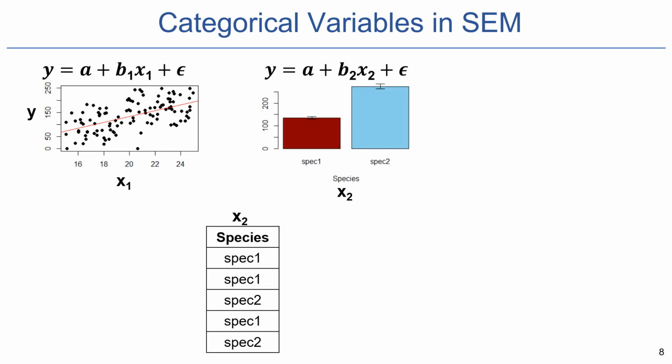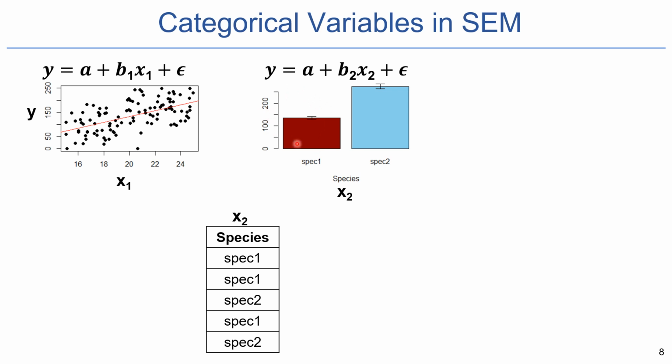For categorical variables, the intercept a has a different interpretation. Let's consider that we have variable x2, which is categorical and means species identity. Here it has two levels, species 1 and species 2. This categorical variable can never reach 0. That's why a here is instead the mean value of y at the reference level of x.